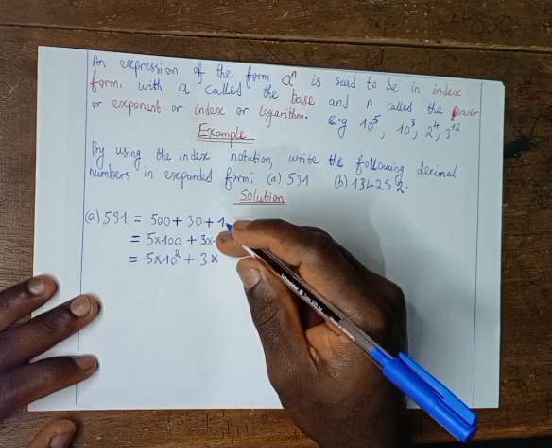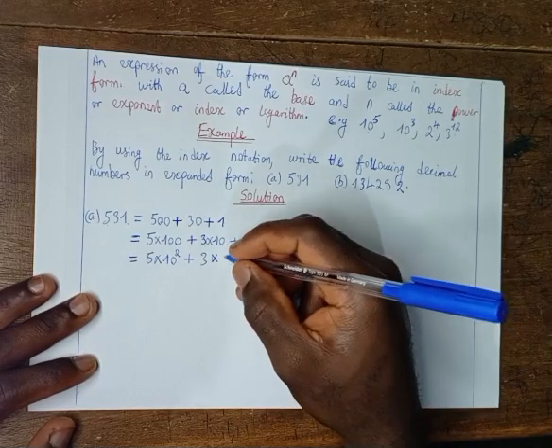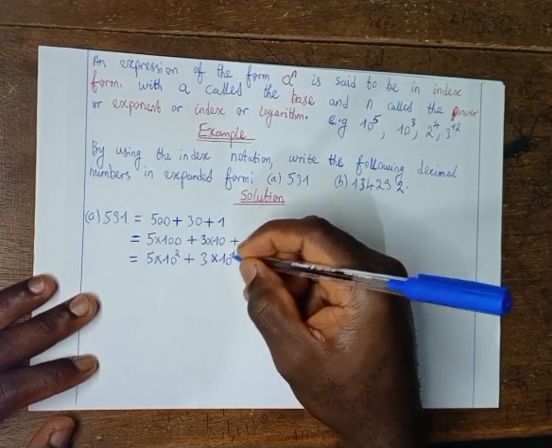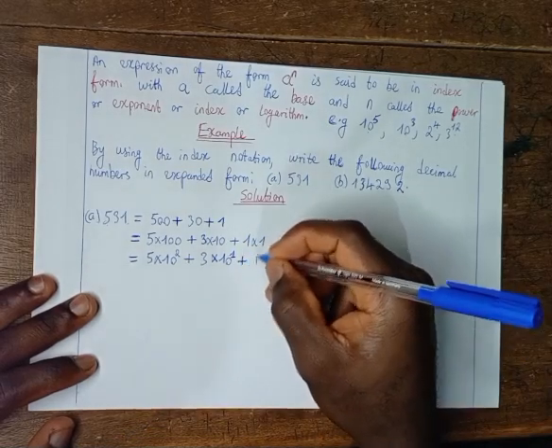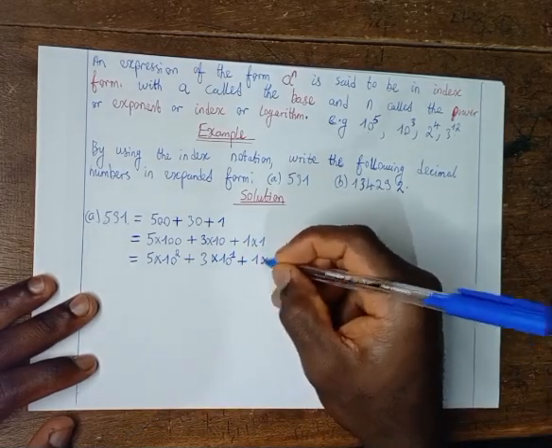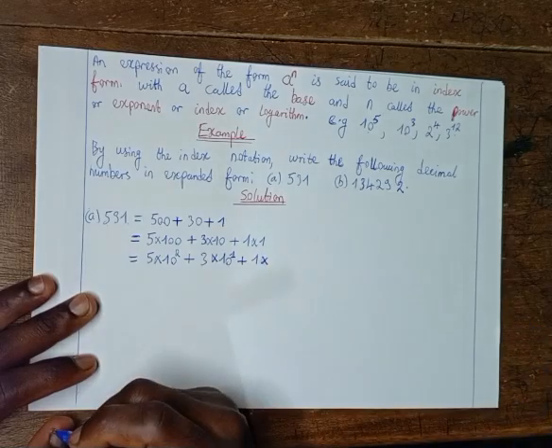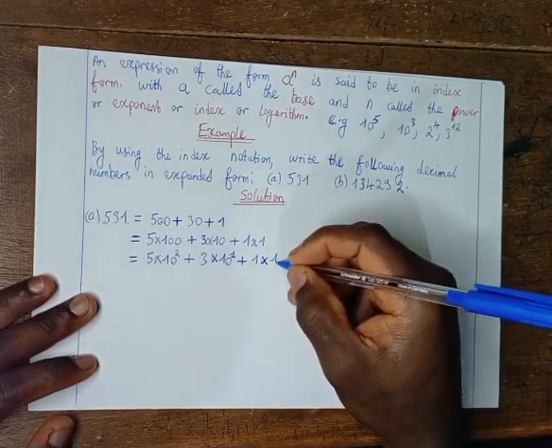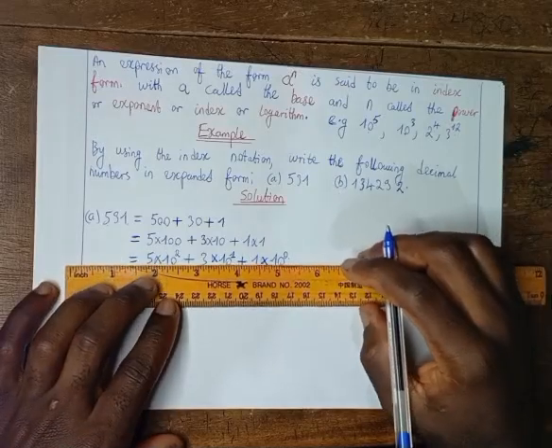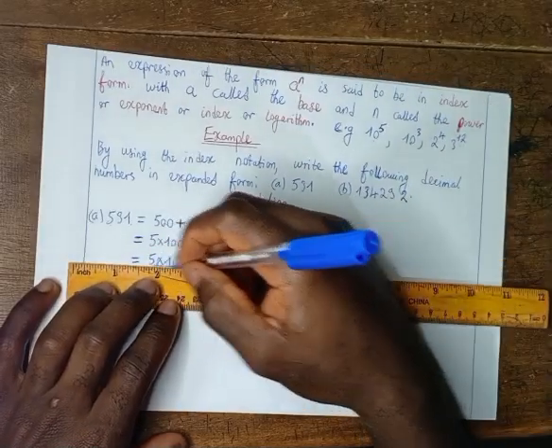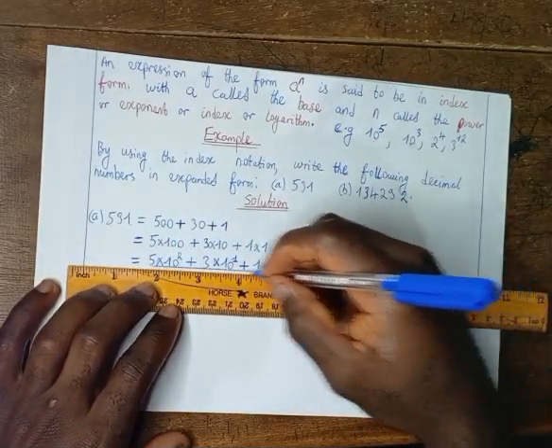We know 10 in index form is simply 10 to the power 1, plus 1 times, we know 1 in index form is simply 10 to the power 0. We are done. We underline our solution.